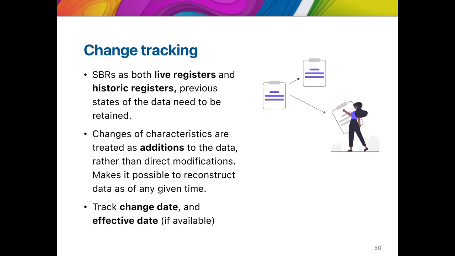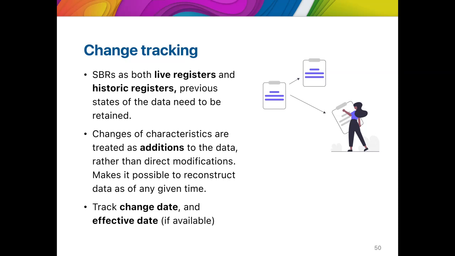Another useful feature to consider is change tracking. SBRs act as both live registers and historic registers, so previous states of the data need to be retained. Changes of characteristics are treated as additions to the data rather than direct modifications. When you treat changes as additions to the data, it makes it possible to reconstruct the data as of any given time.